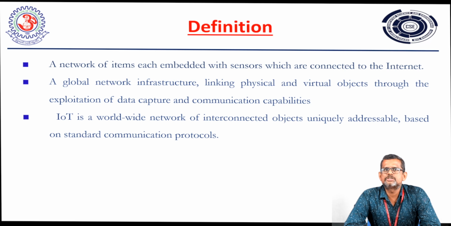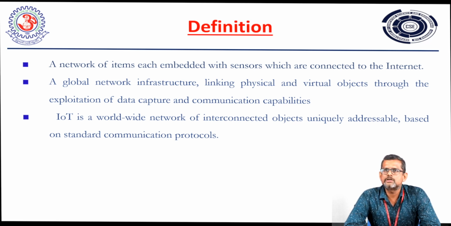The second definition is all about a global network infrastructure linking physical and virtual objects through the exploitation of data capture and communication. So we are going to have a global network infrastructure. That means I can control any device anywhere across the globe. Since it is available over the network, I can control it. That's why they mentioned a global network infrastructure linking physical and virtual objects. So I can visualize the particular object.